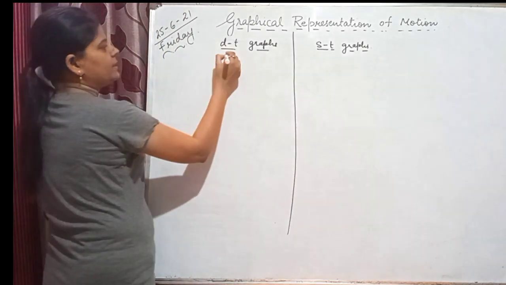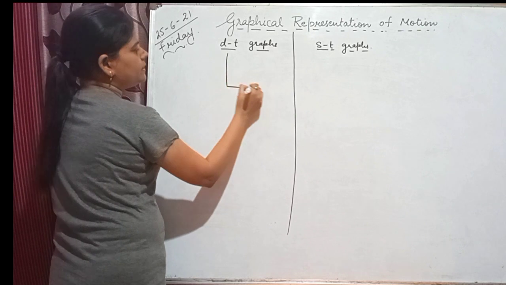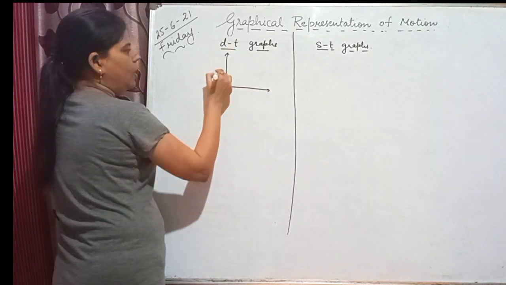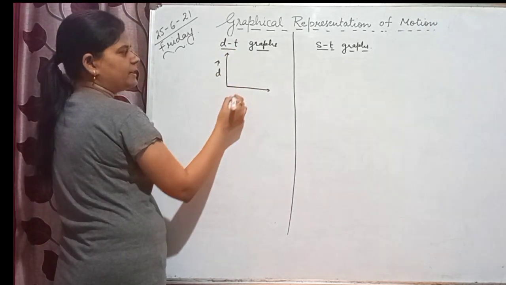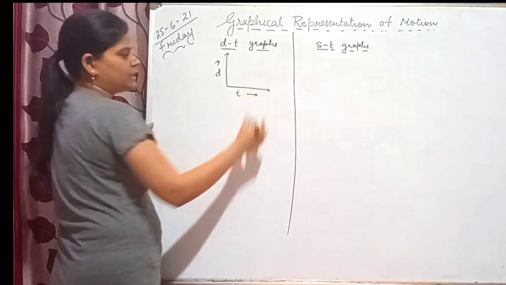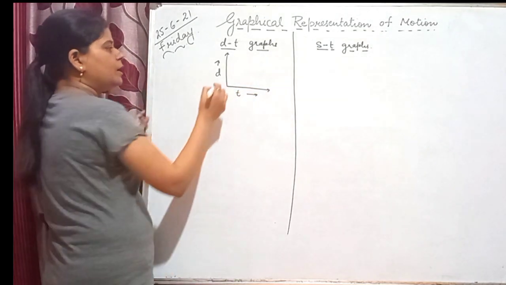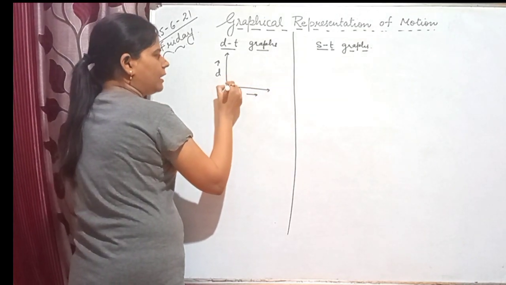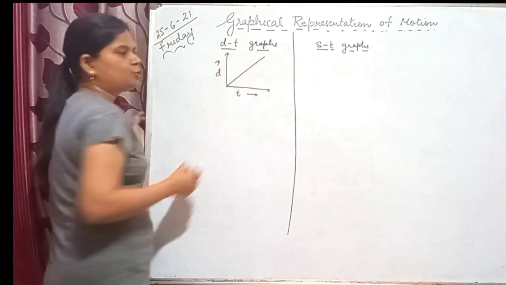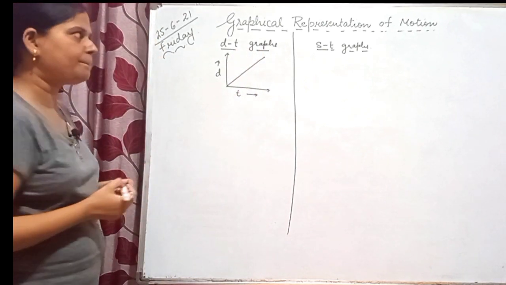So let us have a distance time graph. On the y-axis we will be representing distance, and on the x-axis we will be representing time. Suppose we have a graph like this, a straight line going up.